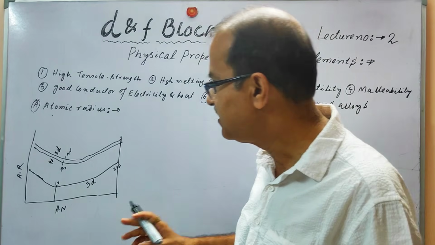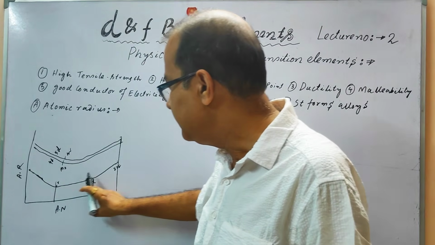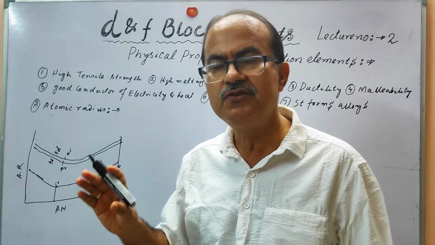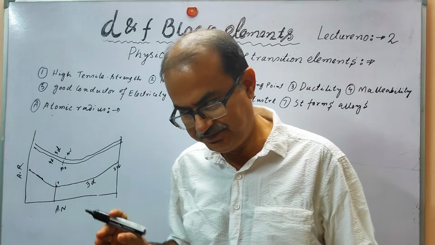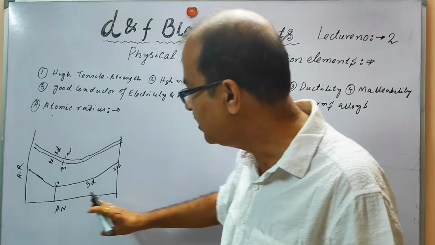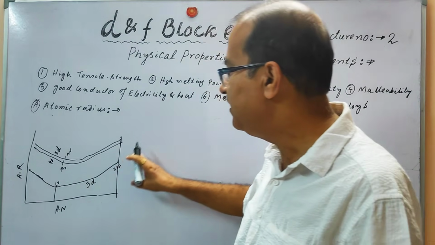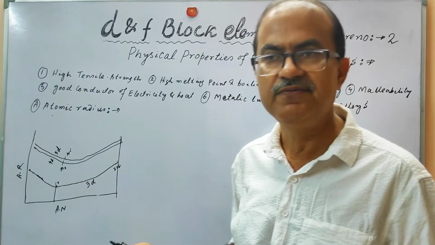Let us first understand why, when the atomic number goes on increasing, the radius is decreasing.